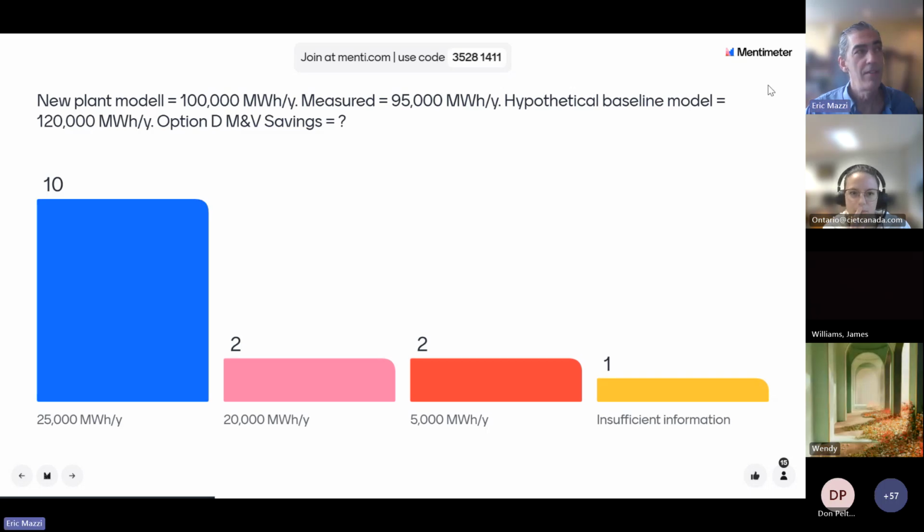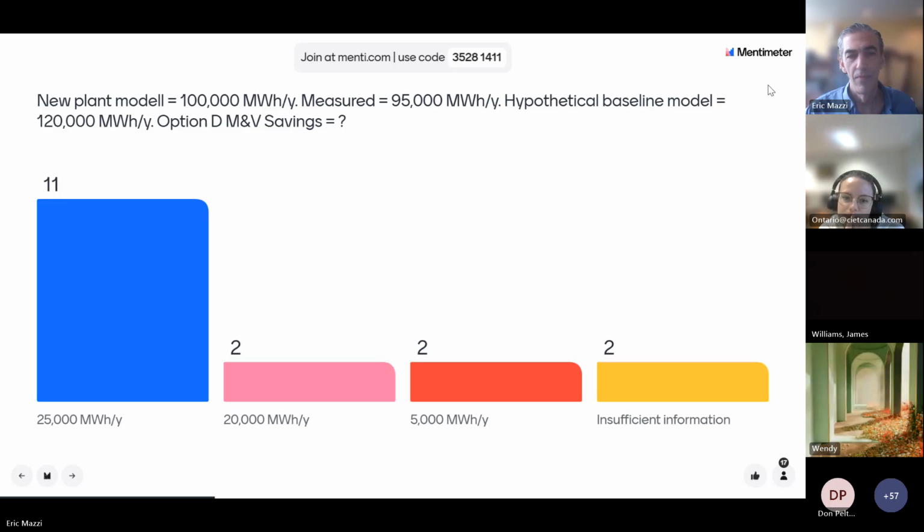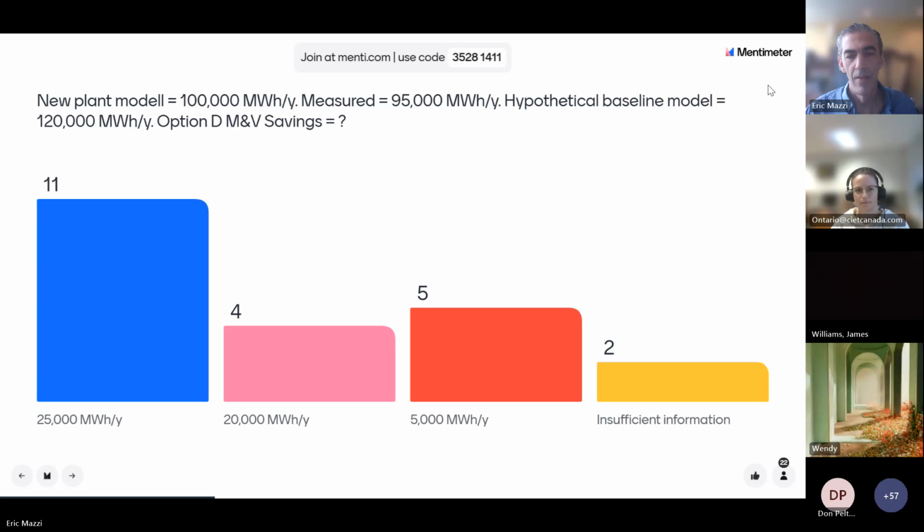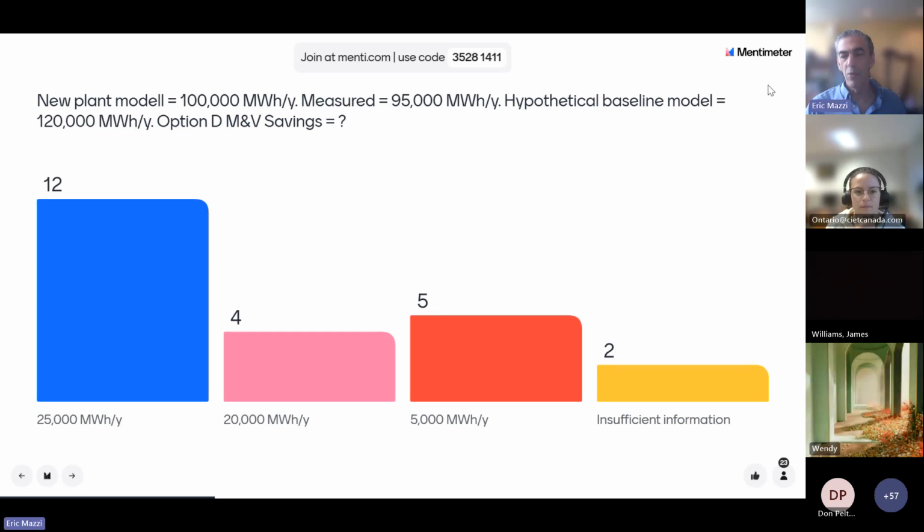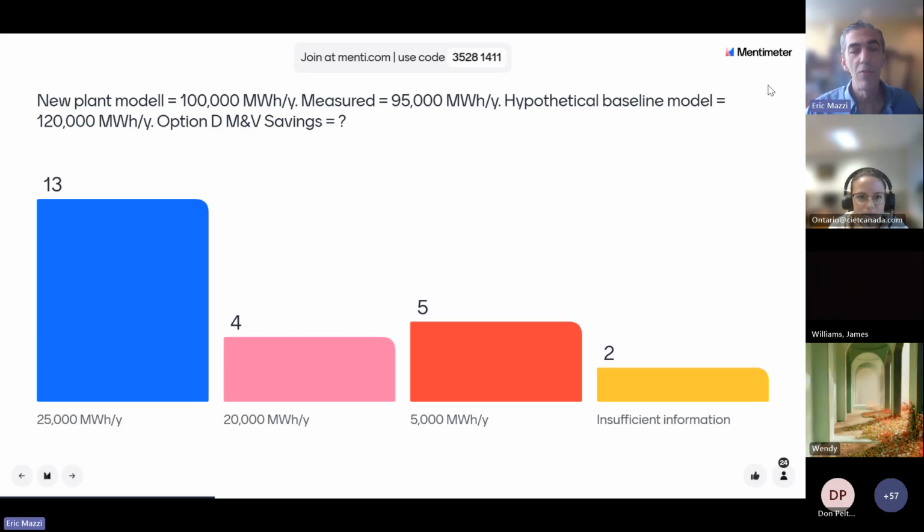Fifteen responses. Okay, we're up to 20. I'll just tell you, the correct answer is actually 20,000, because it's the difference between your baseline model of 120,000 and your calibrated model of the new plant.